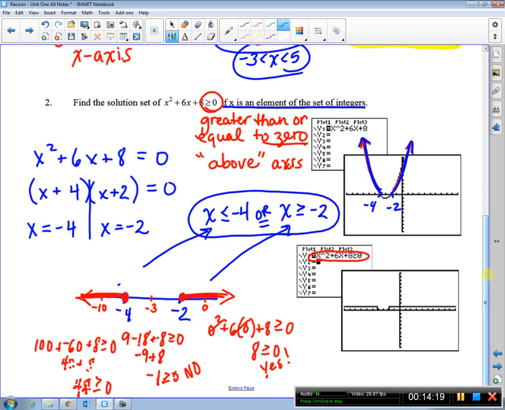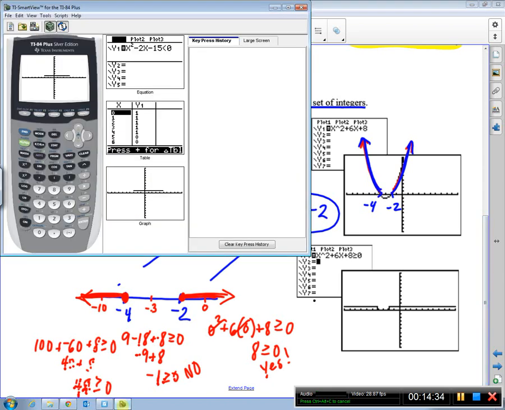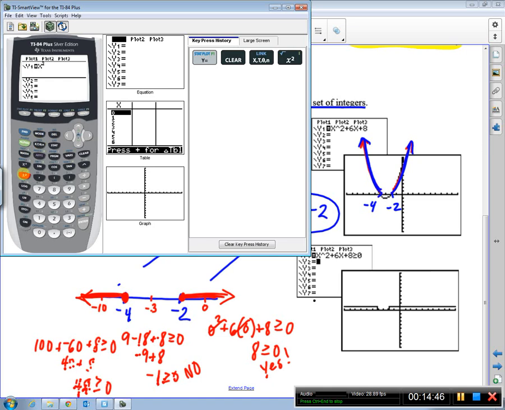Now last but not least, let's put the inequality right into the calculator. So exactly what the problem says, x squared plus 6x plus 8 is greater than or equal to 0. I'll go to my y equals, clear it out. You're probably going to be quicker than I am. This unfortunately lags a bit.